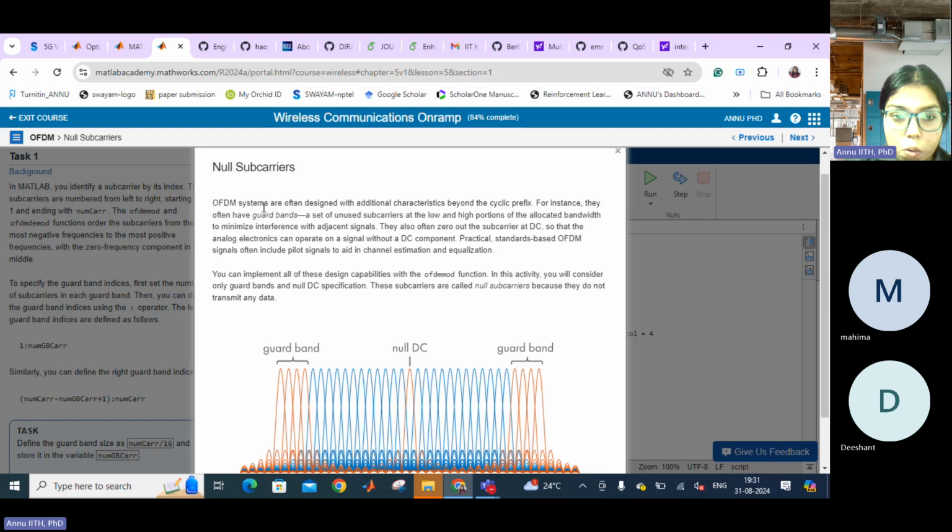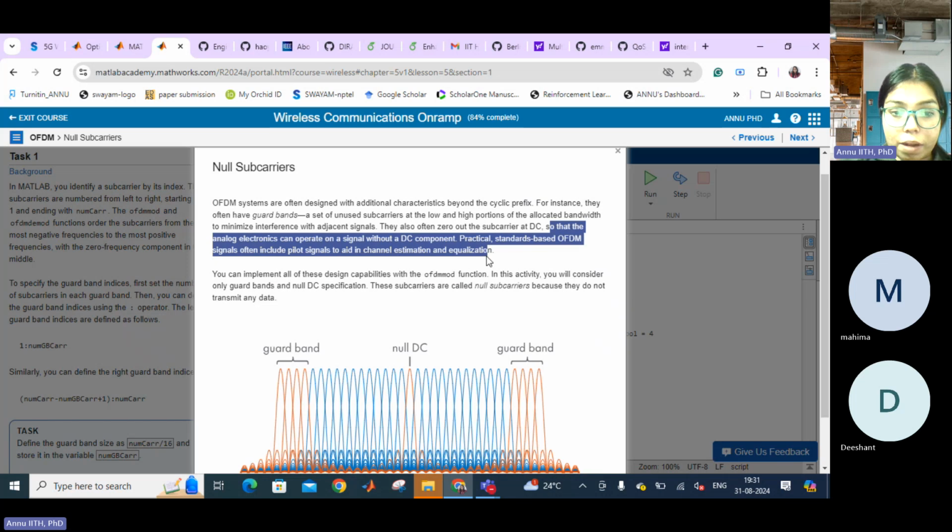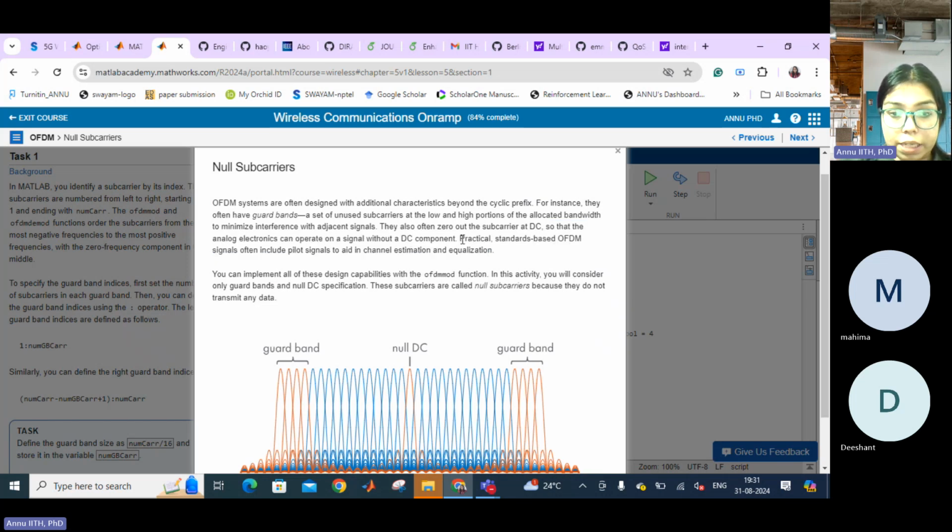OFDM systems are often designed with additional characteristics beyond the cyclic prefix. For instance, they often have guard bands, a set of unused subcarriers at the low and high portions of the allocated bandwidth, to minimize interference with adjacent signals. They're also often zero on the subcarrier at DC, so that the analog electronics can operate on a signal without a DC component.